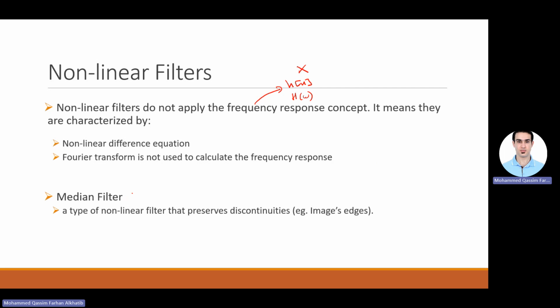A typical example of nonlinear filters is the median filter. It is a type of nonlinear filter that preserves discontinuities. So for example, image edges or spikes, etc. Okay, we'll talk about the images later. If we have time in class, we might give an example of an application of the median filter in images.